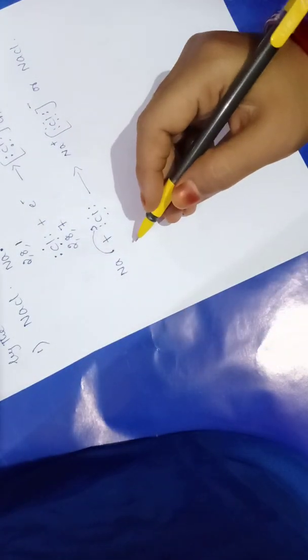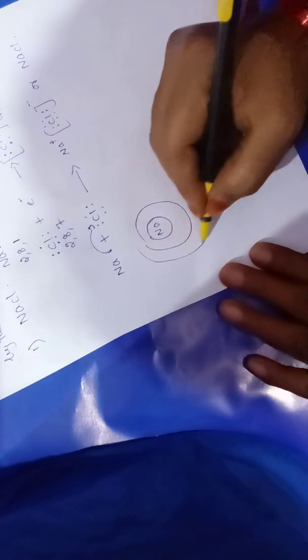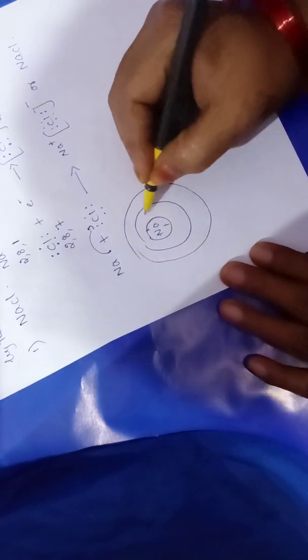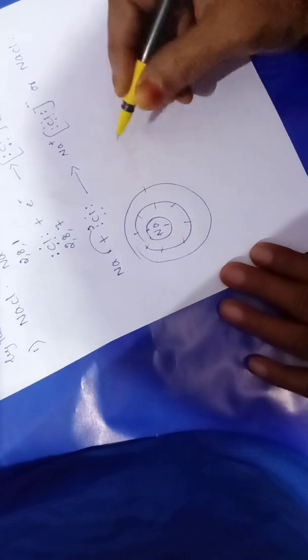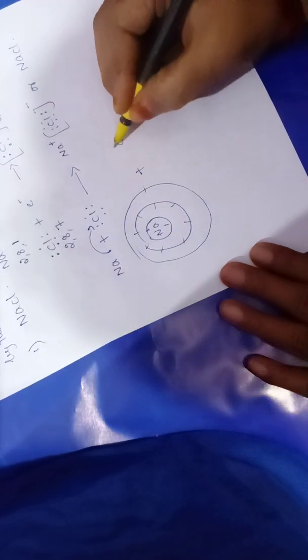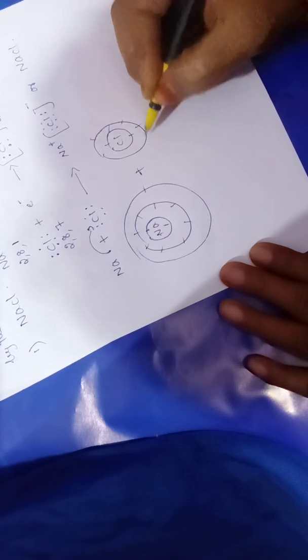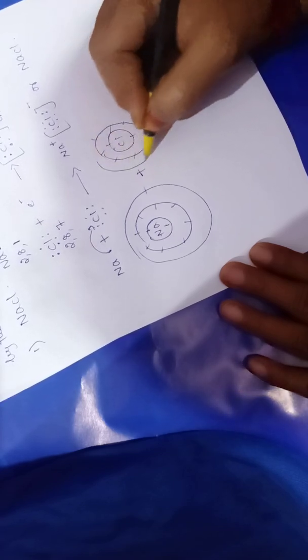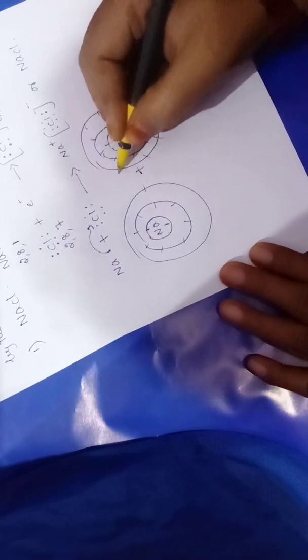So for example, if we want to see it in this form, again here also 2, 8, here sodium 1, plus here chlorine 2, 8, 7.